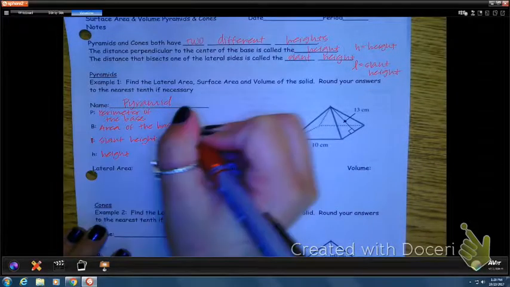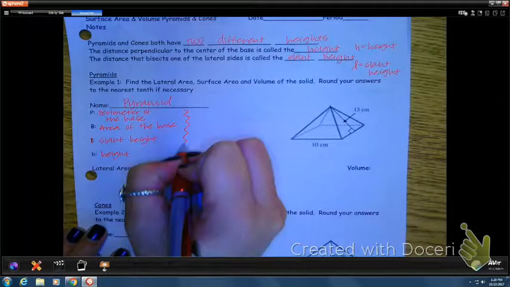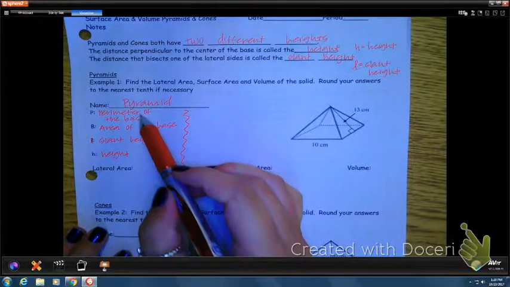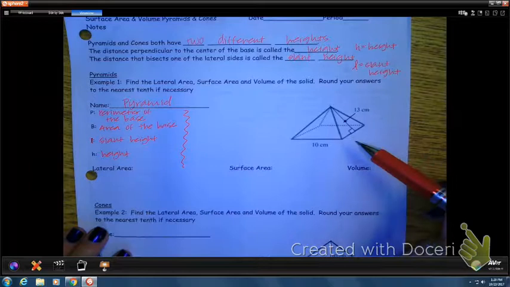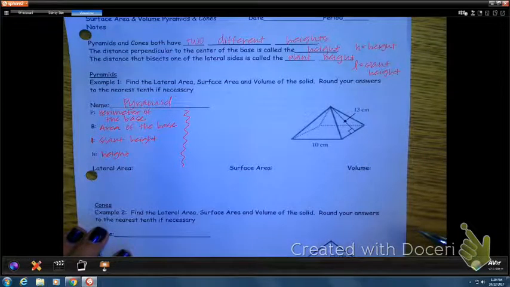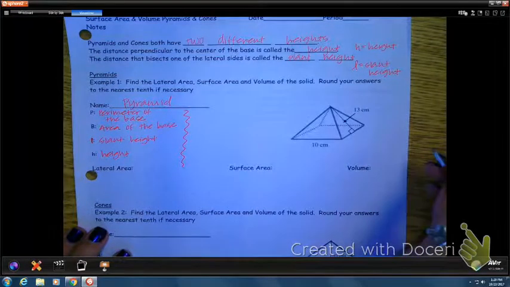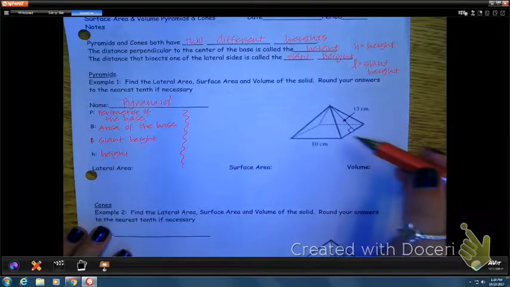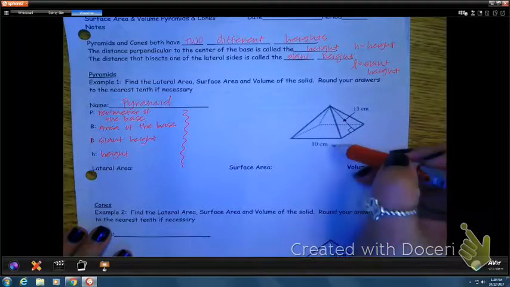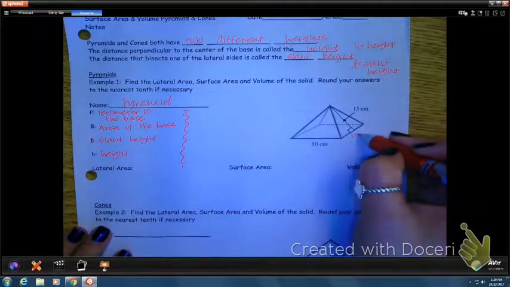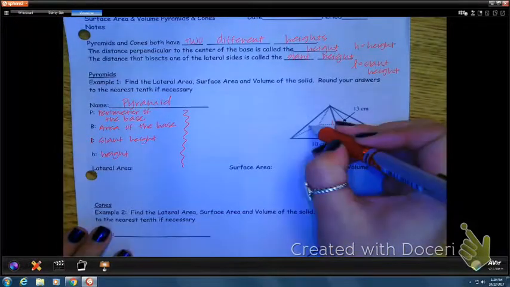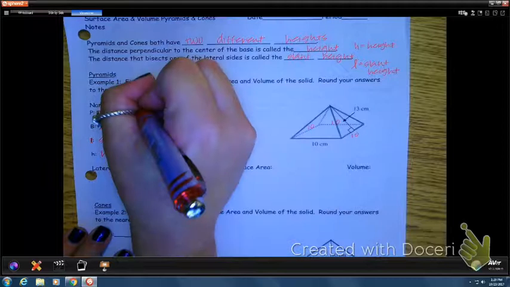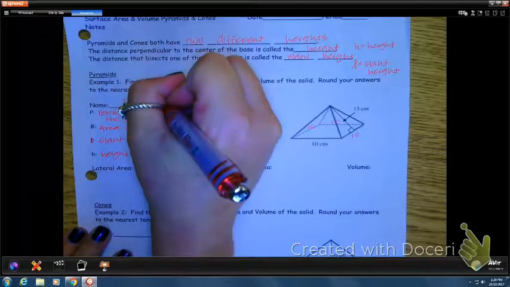Now we are going to find what each one of these values are given our picture. So the perimeter of our base, we are assuming that our base is a square. So 10 all the way around, which would also update our name to a square pyramid.